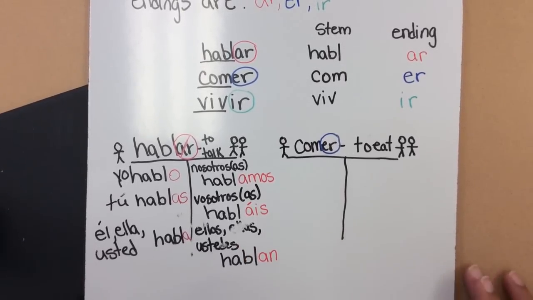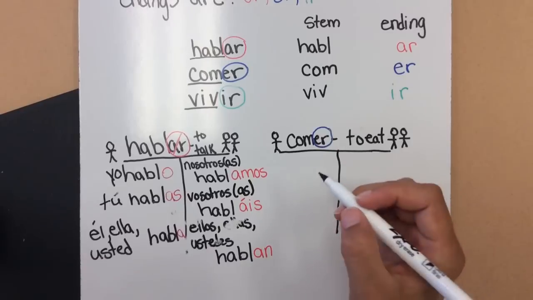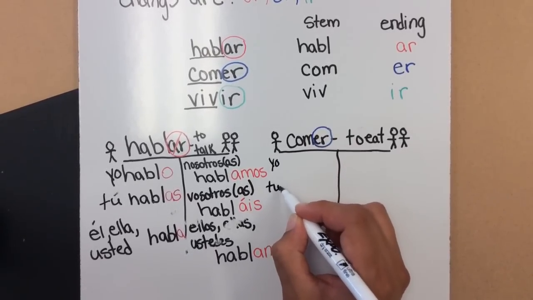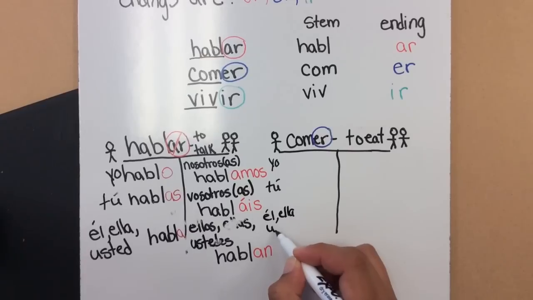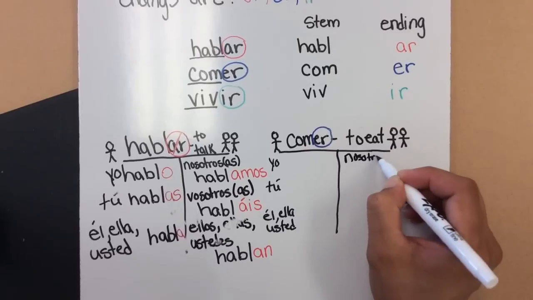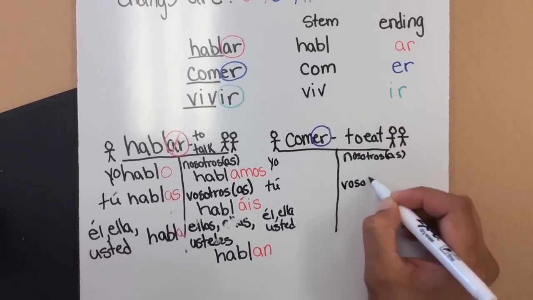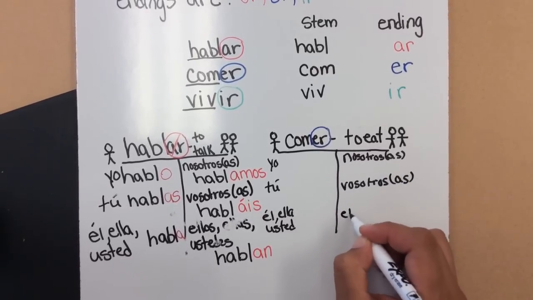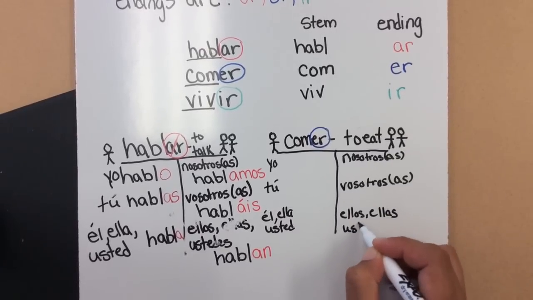Now let's look at the verb comer. Right off the bat, you can add your subject pronouns. Yo, tú, él, ella, usted, nosotros or nosotras, vosotros or vosotras, ellos, ellas, and ustedes.